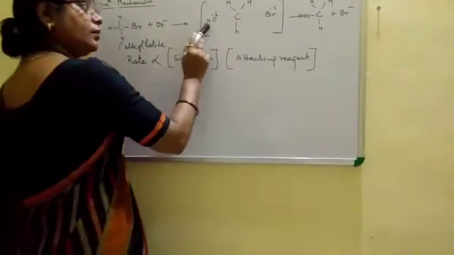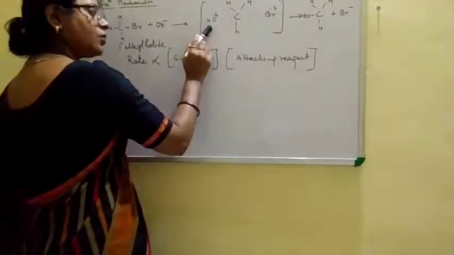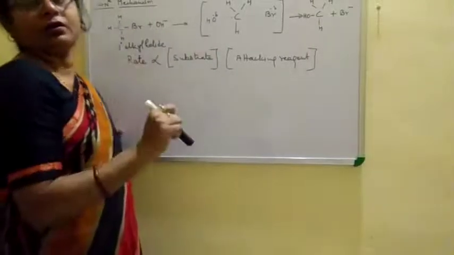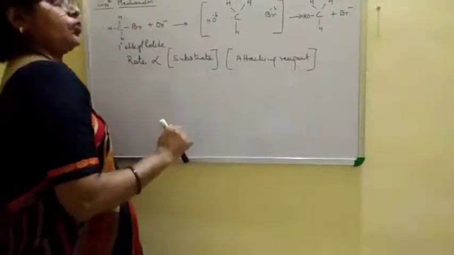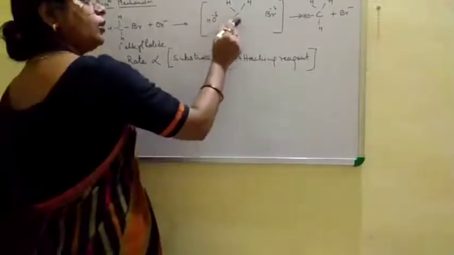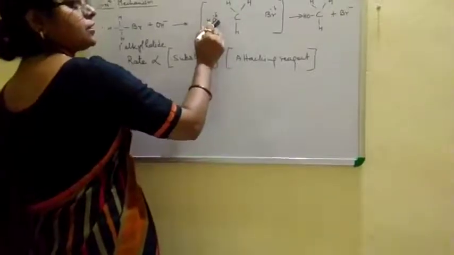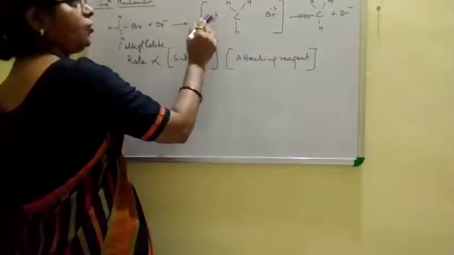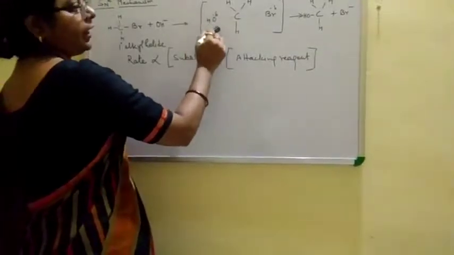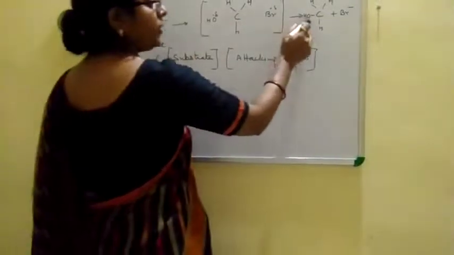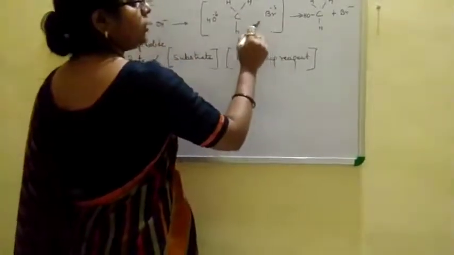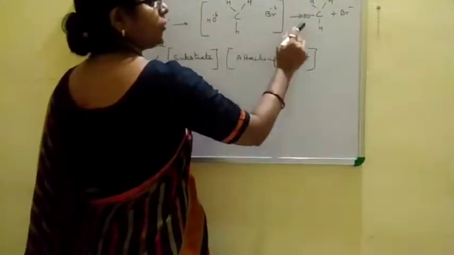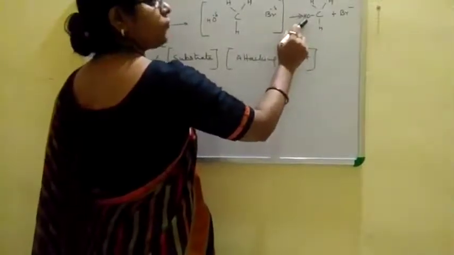But the hydroxyl group, the attacking nucleophile, being strong, the electron drift shifts towards the attacking nucleophile or OH group here, and a new bond is formed by breaking of the C-Br bond, and the new C-OH bond is formed.